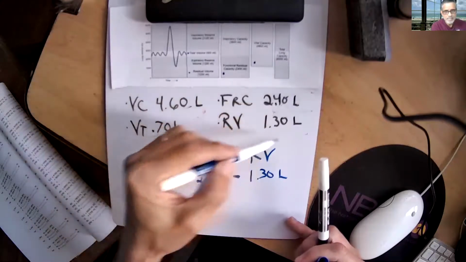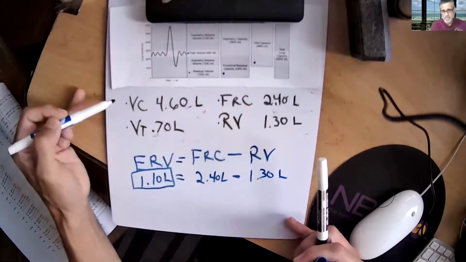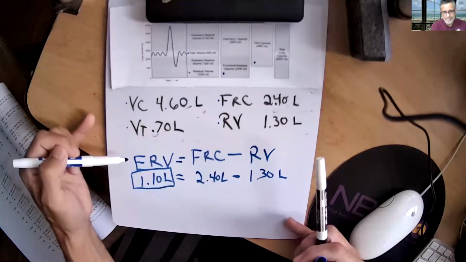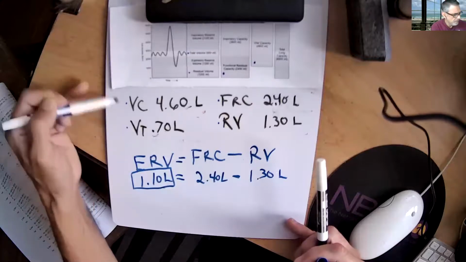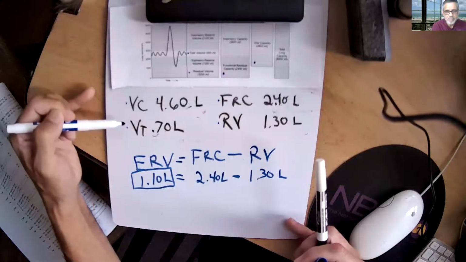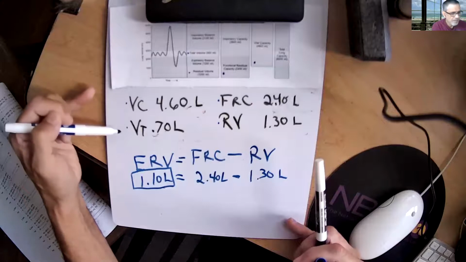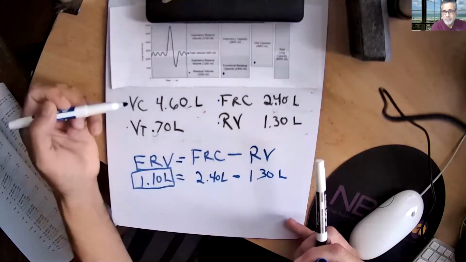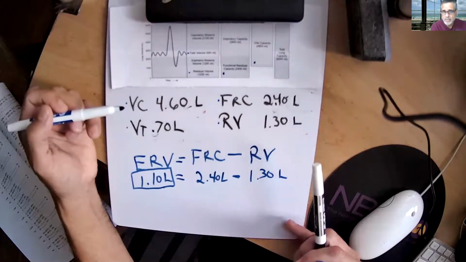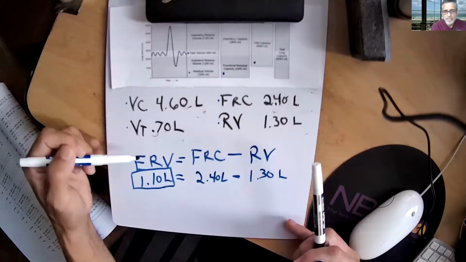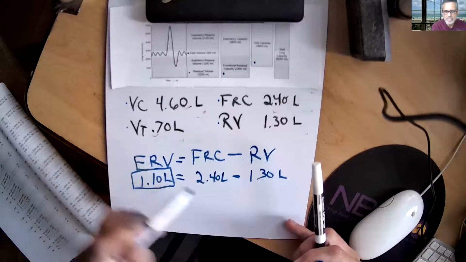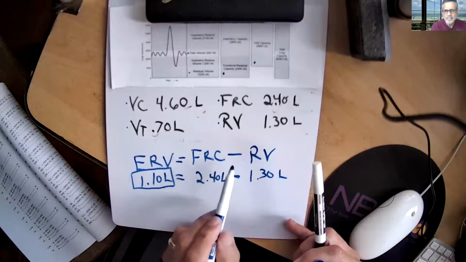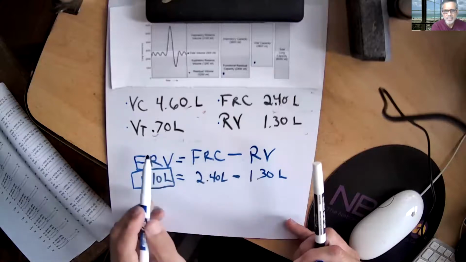You will have a set of values, volumes and capacities, and then you will be asked to identify a volume or capacity based on these values, okay? Once you have the values, the first step is to make sure that all these values are in the same unit of measure before you plug them in. Then figure out how to build the equation. In this case, you built the equation by taking a capacity and subtracting a volume to get another volume.